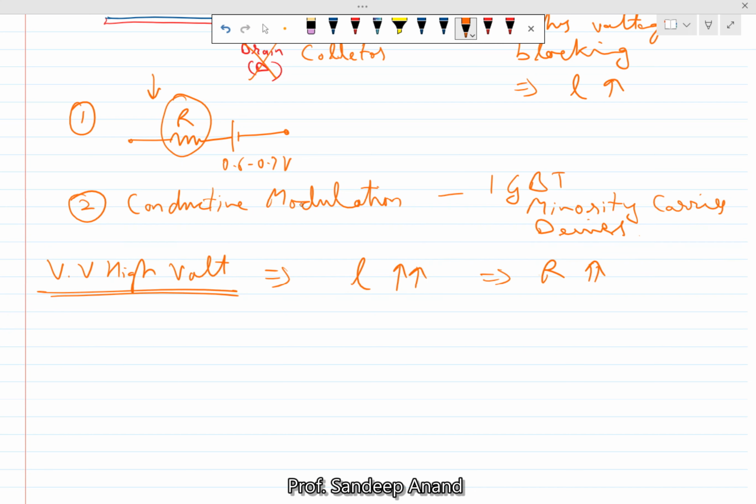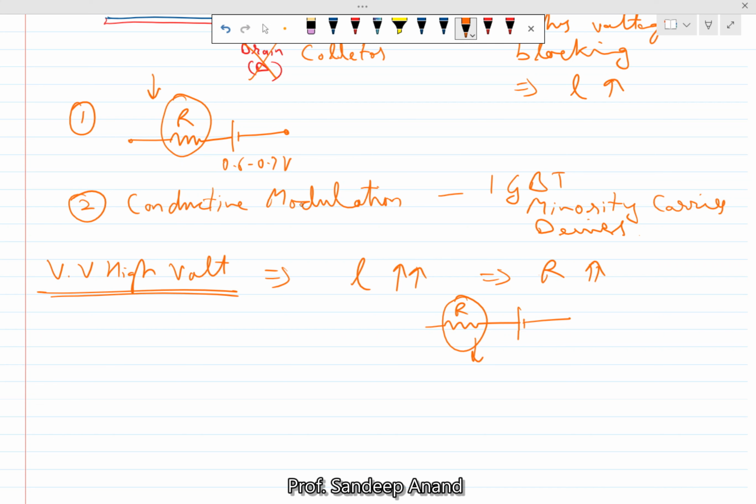Now imagine that something can reduce your R by 5% or 10%, and even with a 0.6, 0.7 volt addition drop, maybe the overall situation would be improving, right? And therefore in this case it makes perfect sense to have this kind of structure during conduction, where the value of R can be reduced by conductivity modulation, and you get 0.6, 0.7 volt, which is fine.